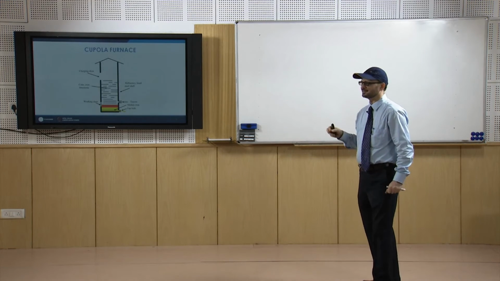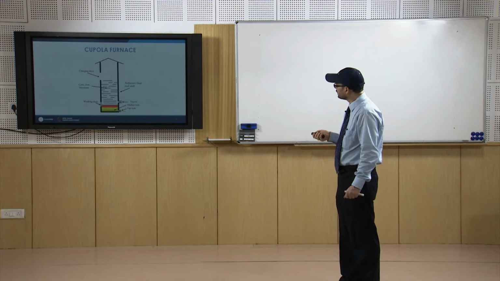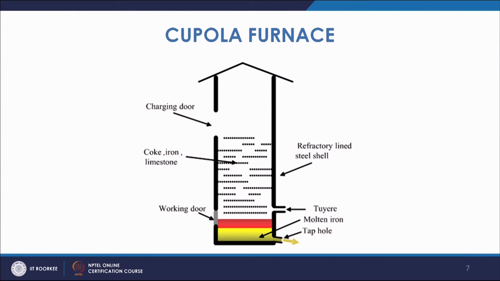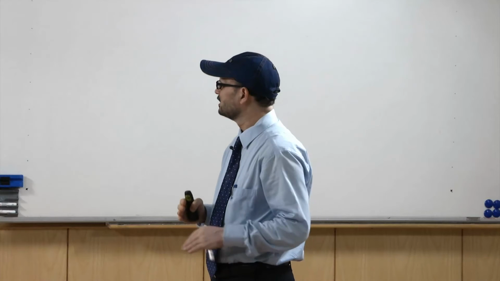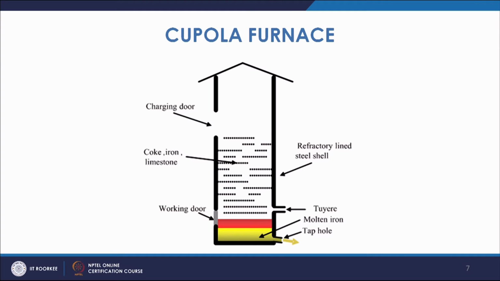These furnaces are used for that purpose. You have the coke, and initially you have a coke bed here. This coke bed is the place where the coke is kept to a certain height, and combustion takes place by allowing air to pass through it and igniting the coke bed.